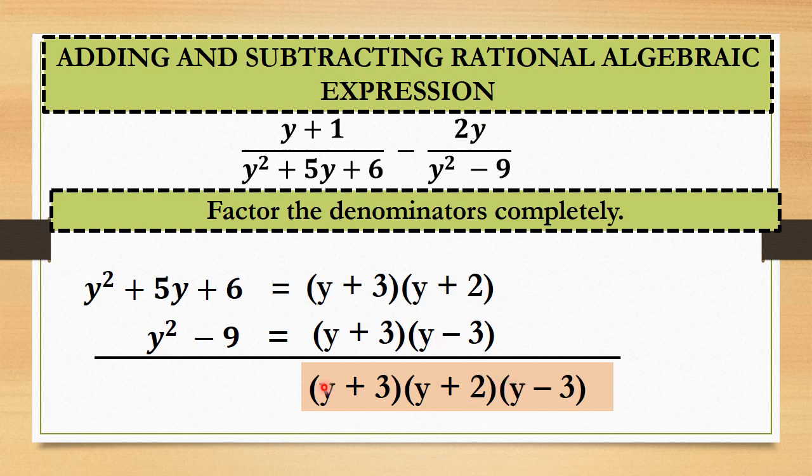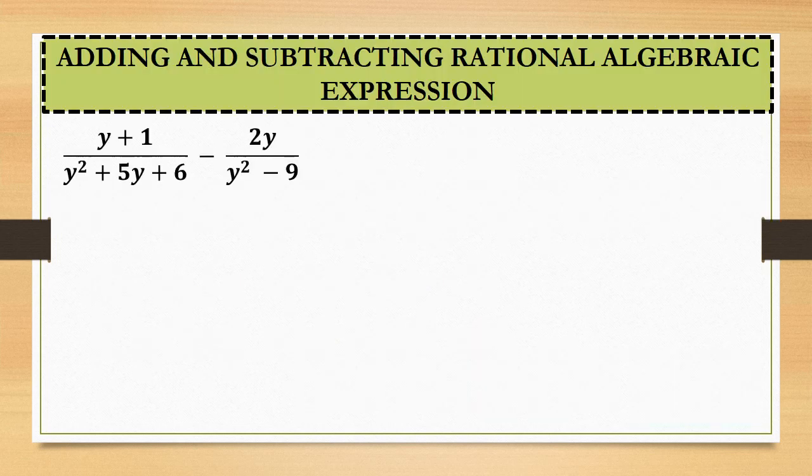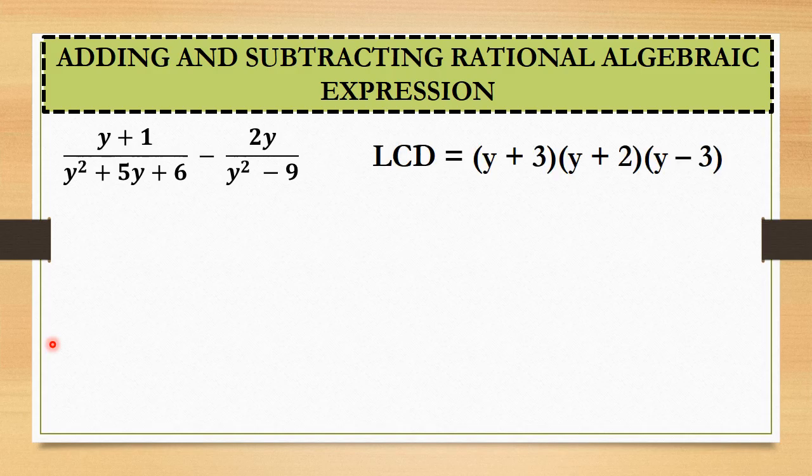So, ito na yung LCD natin: y plus 3 times y plus 2 times y minus 3. Alright, so we have (y plus 1) divided by (y squared plus 5y plus 6) minus 2y divided by (y squared minus 9). And our LCD is y plus 3 times y plus 2 times y minus 3.